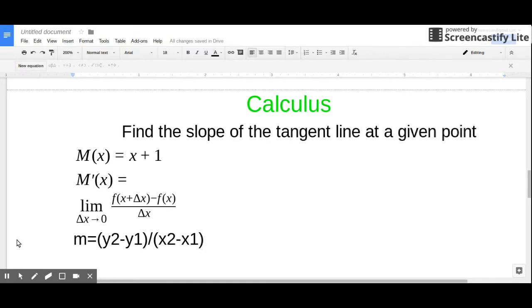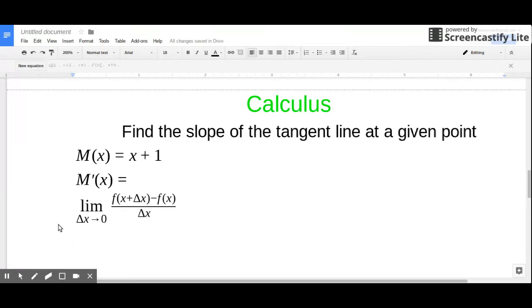This is just finding the slope of the line given 2 points. Well, if you take a look at this up here, this pretty much is this. It's the change in y over the change in x. I thought I would just throw that at you.